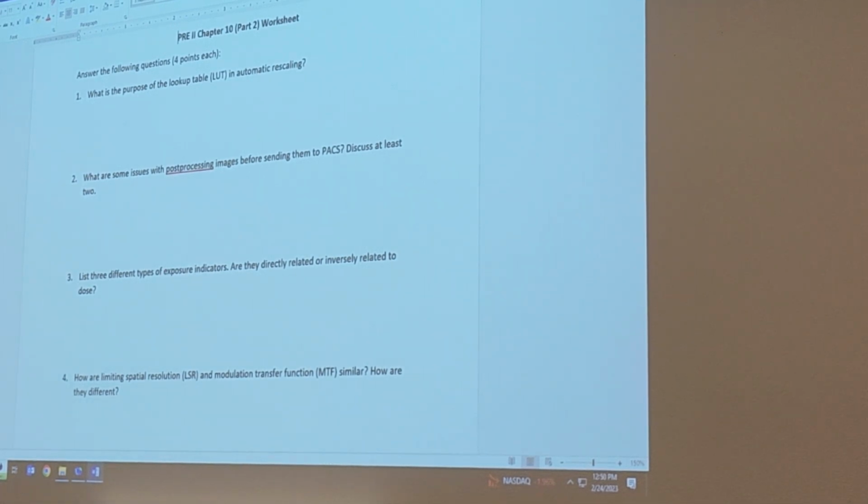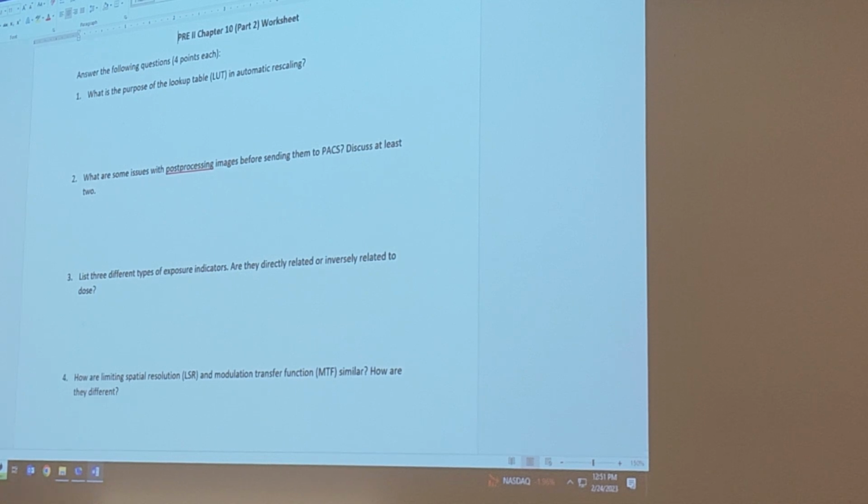Not on the patient, less scatter and less exposure on the IR. The patient's already exposed, but we're talking about the scatter that reaches the IR, the receptor.